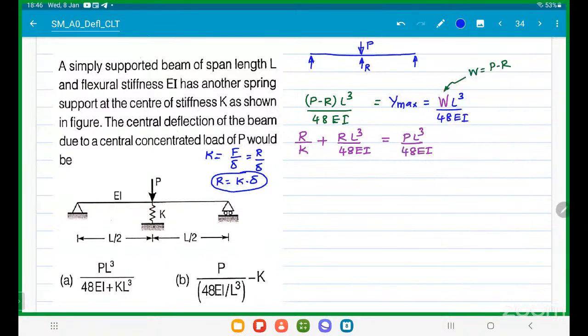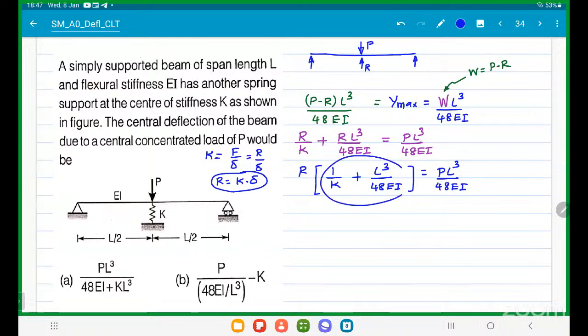Next, bring the R separately. R into (1 by K plus L cube by 48 EI) is equal to P L cube by 48 EI. Done. Now cross multiply this.